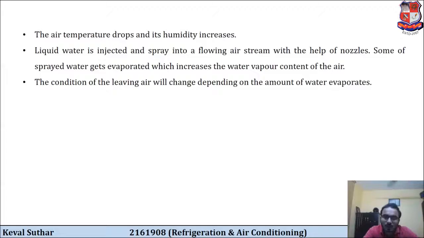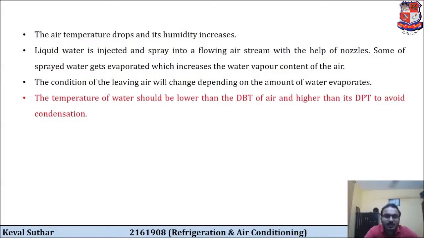Then the important part is the temperature of water should be lower than the dry bulb temperature of air and higher than the dew point temperature of air to avoid condensation.